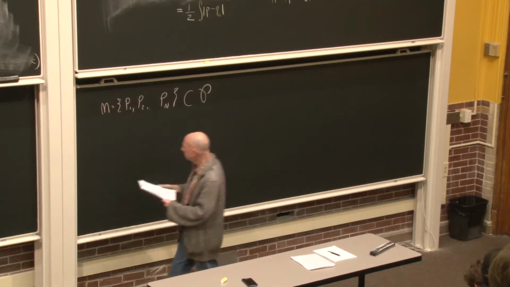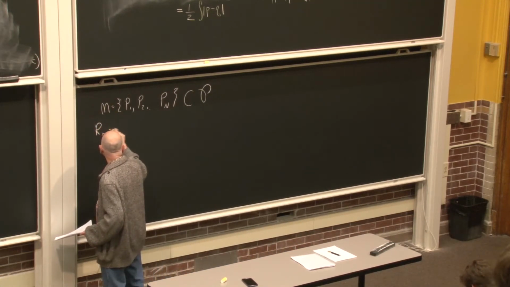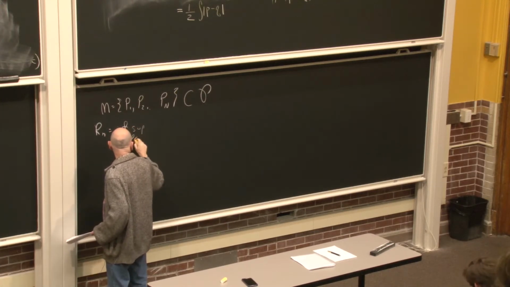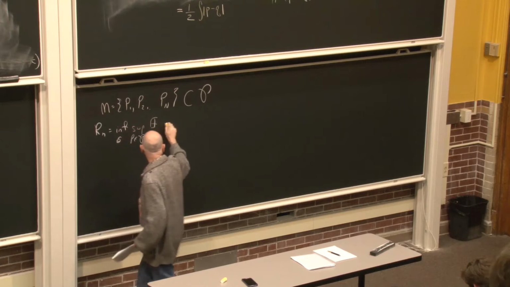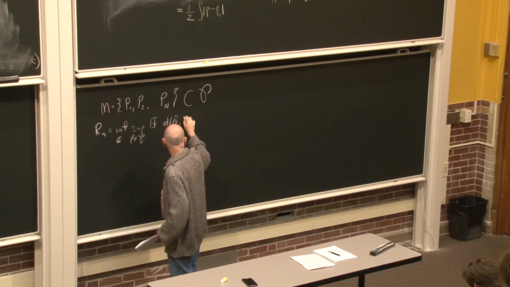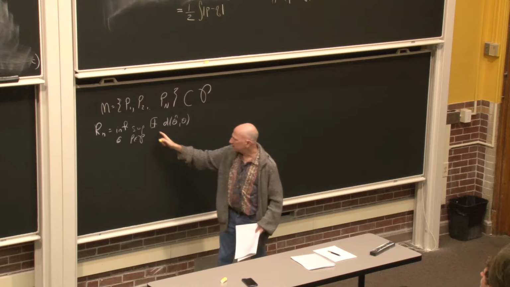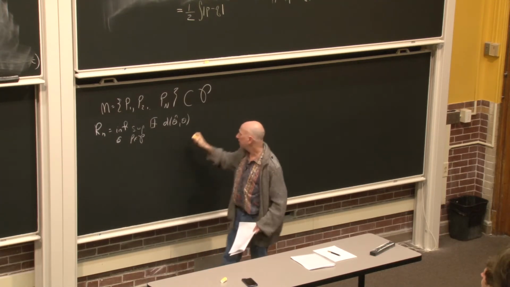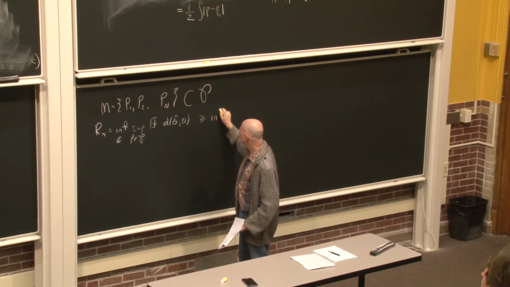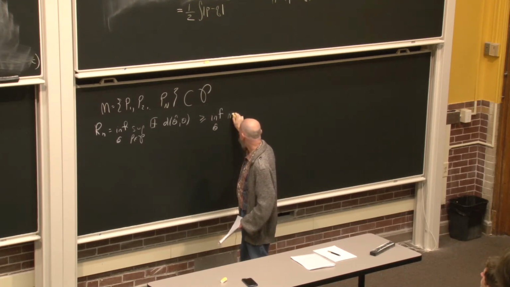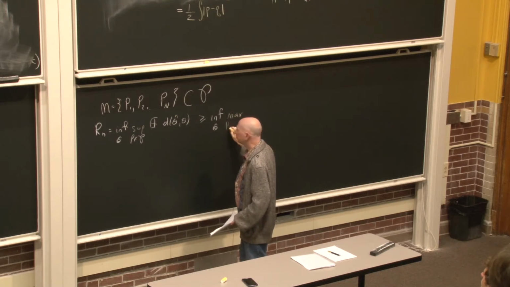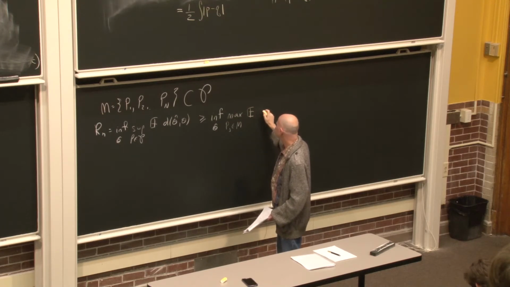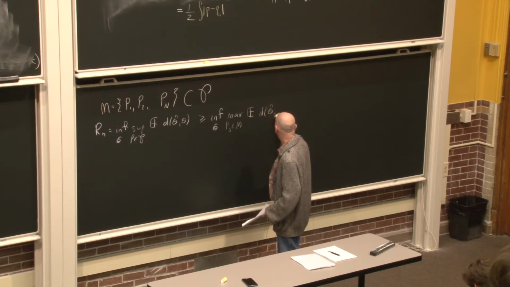And notice that if we look at our risk, because this sup is over the whole set, that's going to be bigger than the maximum over a smaller set, and that's automatically bigger than the inf over theta hat of the maximum over the pj's in the finite set of the expected value of the distance between theta hat and theta j.